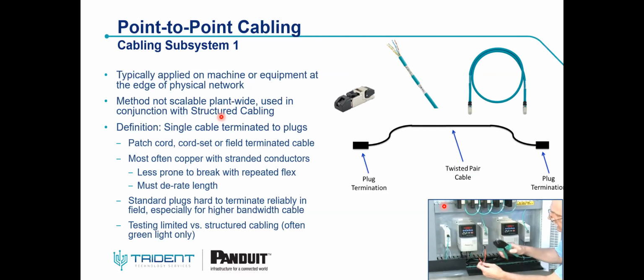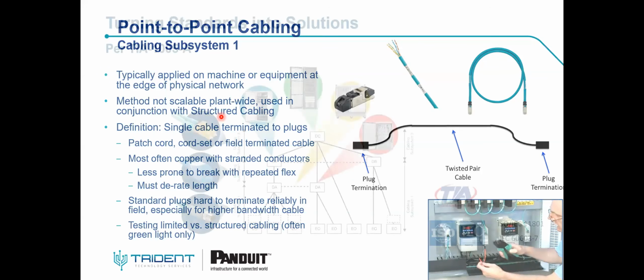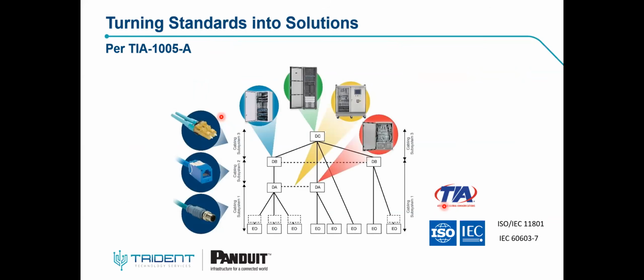Also, for testing, one of the main factors when choosing structured cabling or point-to-point is that point-to-point has limitations in testing and troubleshooting. You don't have any standard to define the measurement method, versus the structured cabling system, which is included in the manufacturing warranty. So now, this is the summary review.